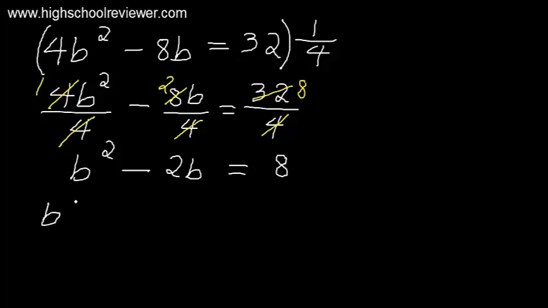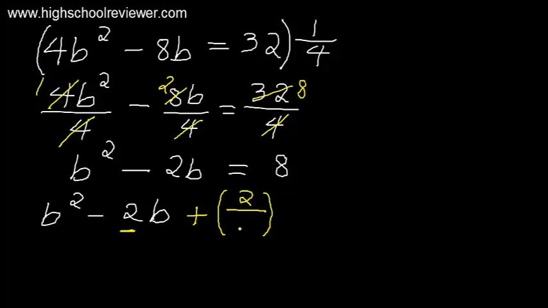We have here b squared minus 2b, and then we will add here a third term. The third term will be a fraction. The numerator will be the numerical coefficient of our second term, disregarding the sign, so that will be 2.